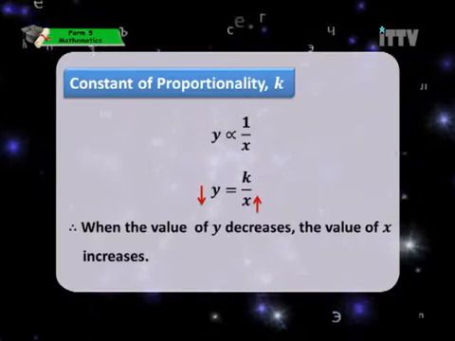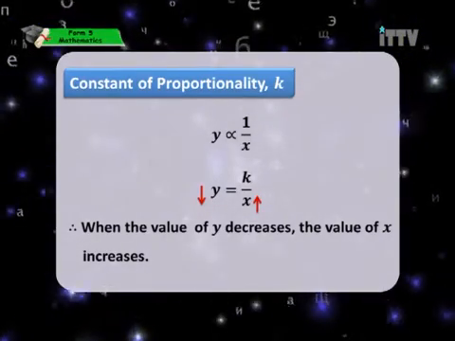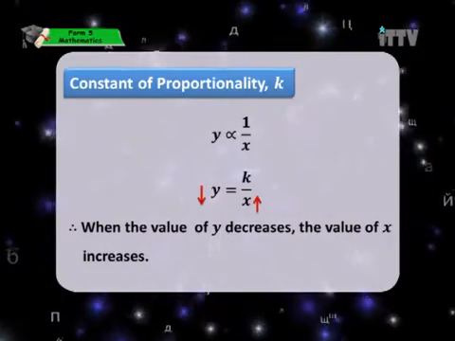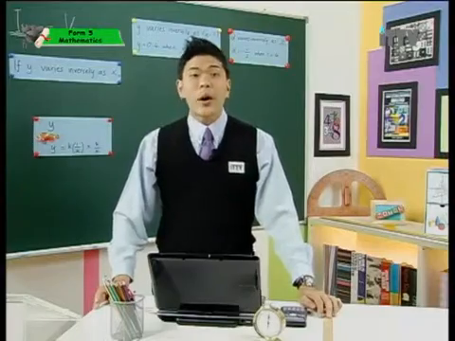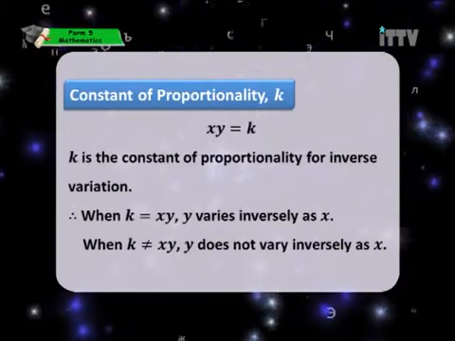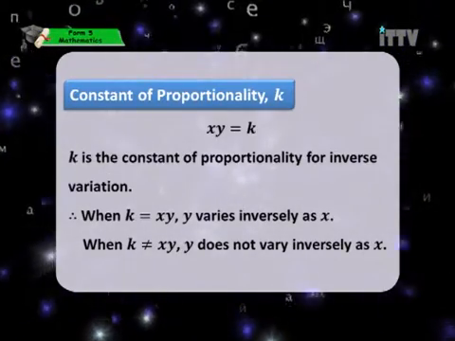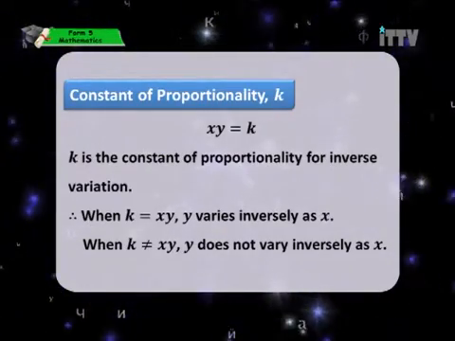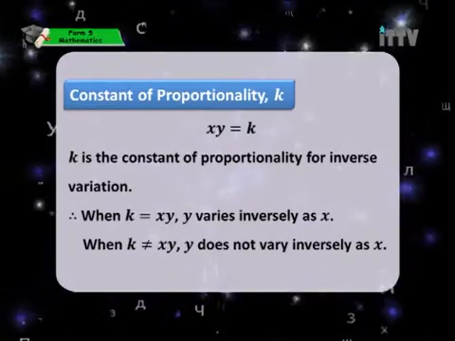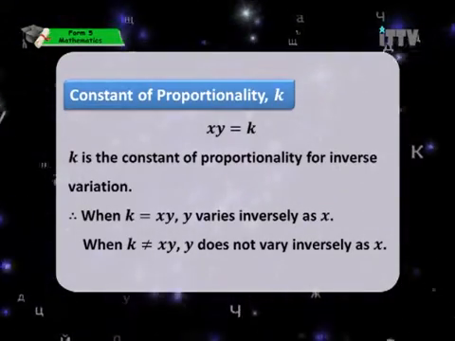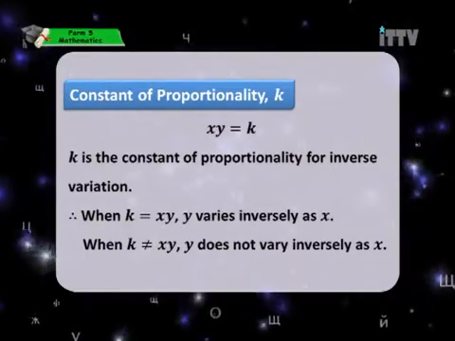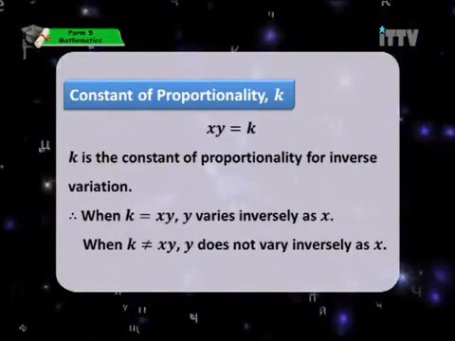Same thing now, when the value of y decreases, the value of x increases. So xy equals k. K is the constant of proportionality for inverse variation. When k equals xy, y varies inversely as x. When k does not equal xy, y does not vary inversely as x.